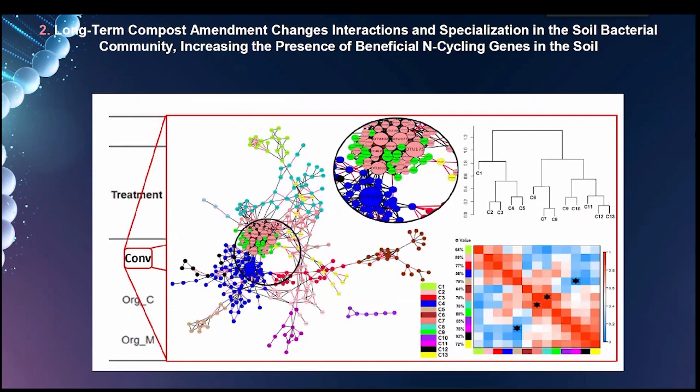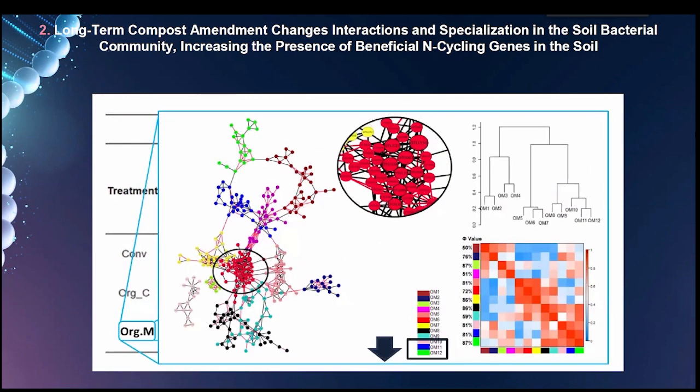Well, this is the network I get from the conventional cropping system, and I found a total of 13 modules, and I found only 2 correlations between those modules. However, in the cropping system with manure, you can see we get only 12 modules, and we didn't find any correlation between them.